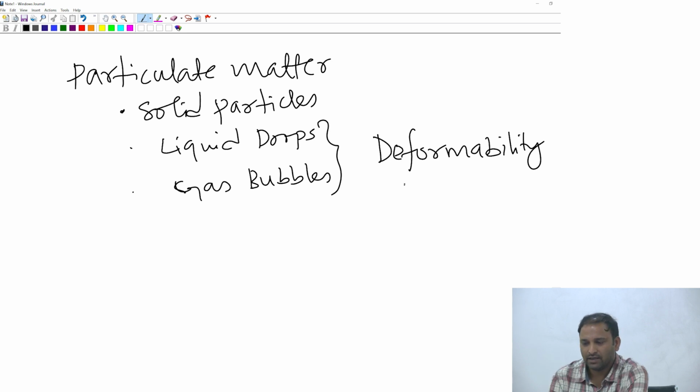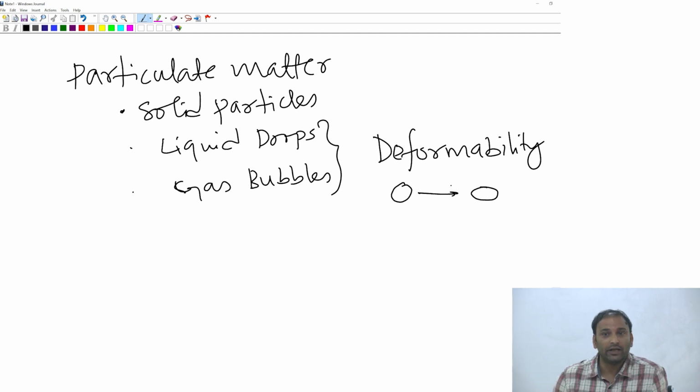For example, you could be working with spherical liquid droplets to begin with, but during the processing operation they can become elongated. So such deformability of the particulate matter is something you would have to worry about when dealing with liquid droplets or gas bubbles.